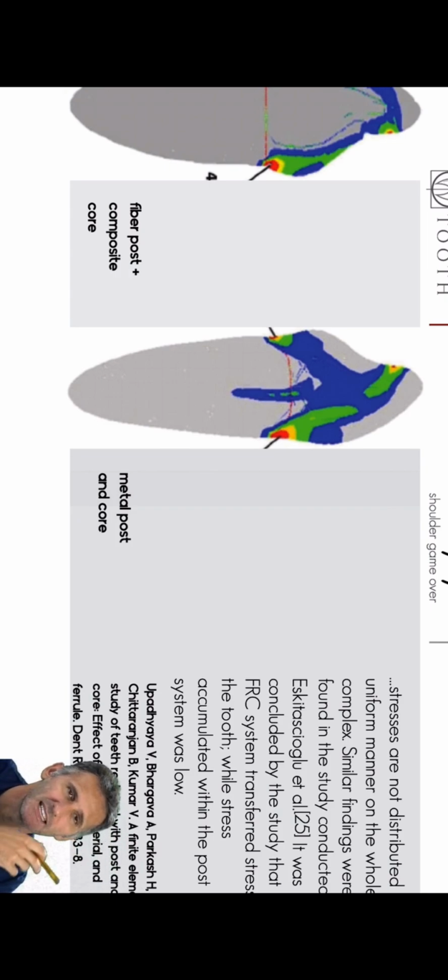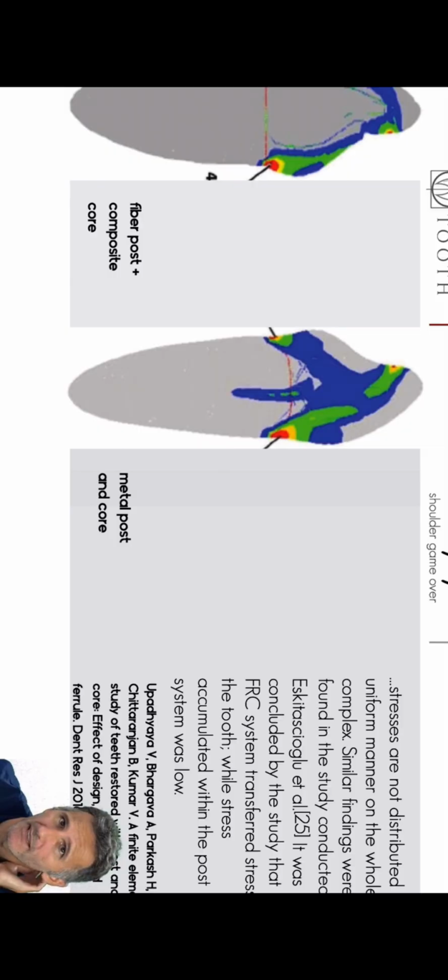So what happens? That it is true that we don't stress so much the root, but what was the reason? Because we put a post in the tooth. It was to help the restoration to survive in a better way. Instead, if we look with the metal we see that the pattern is slightly different.